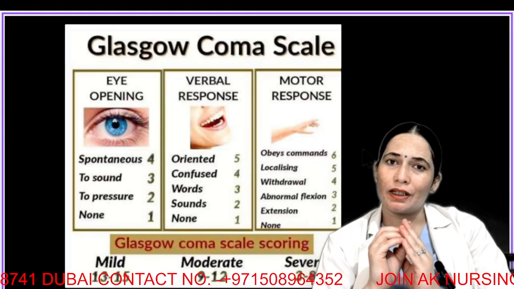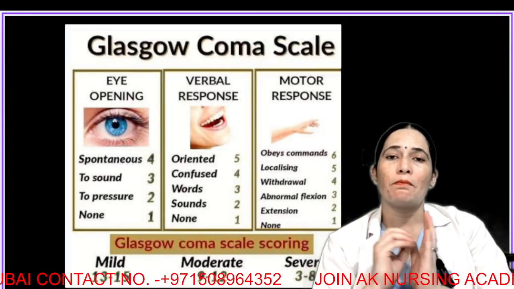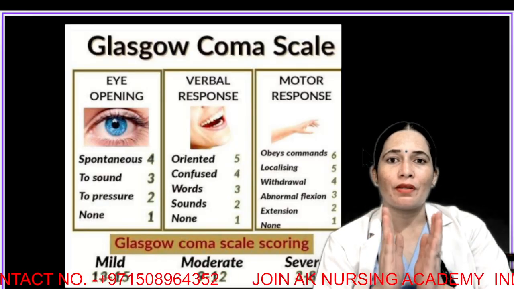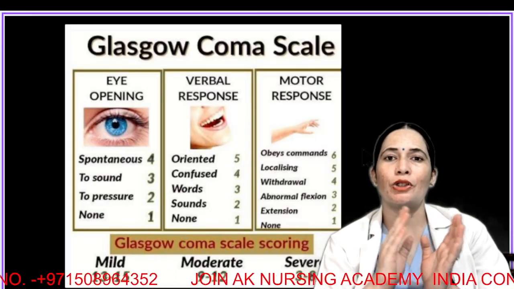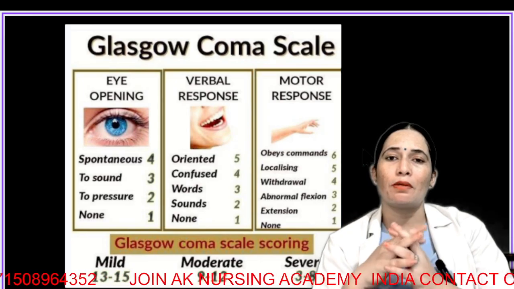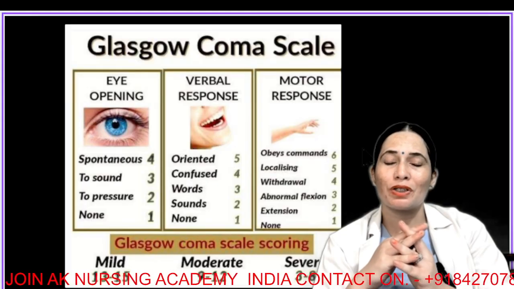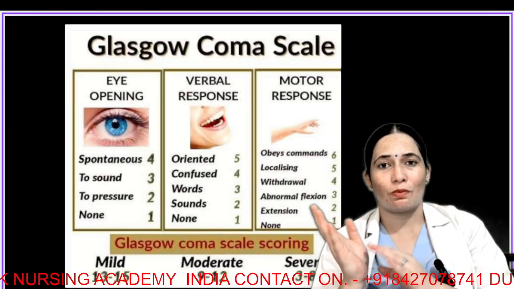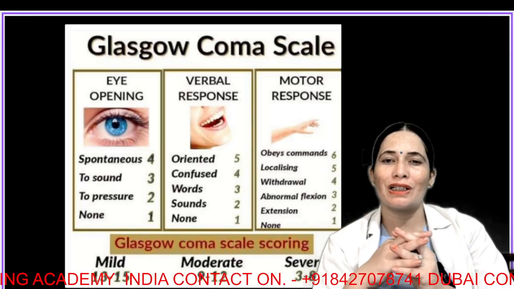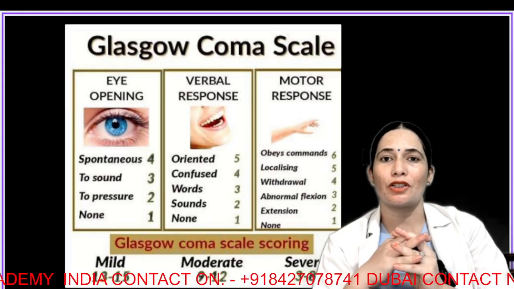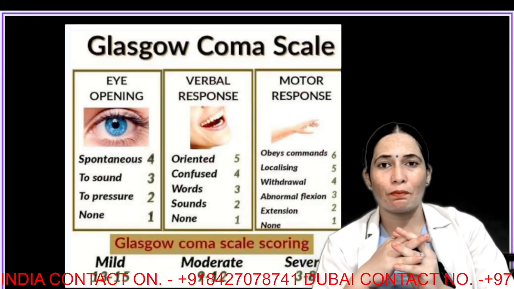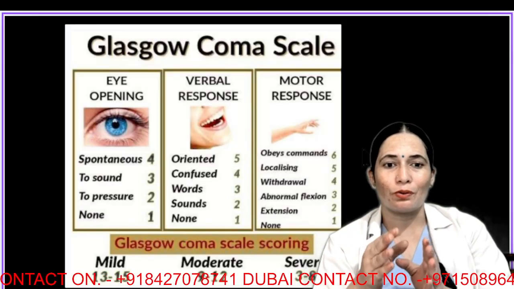If the patient gets 9 to 12, the patient has a moderate brain injury. If the patient gets 3 to 8, the patient has a severe brain injury, meaning the patient is not responding to our stimuli. And if he is getting 8, the patient is intubated, has a respiratory problem, and is not responding to our stimuli accurately.